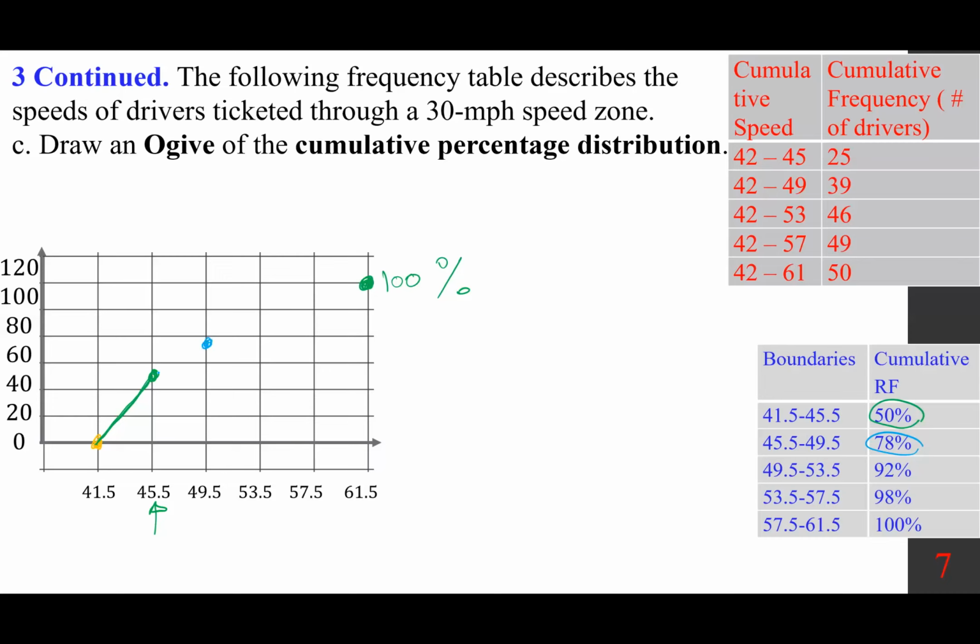And again, this is not to scale. The next one, 53.5 corresponds to 92%. 57.5, that means the upper boundary of the fourth class, corresponds to 98%.